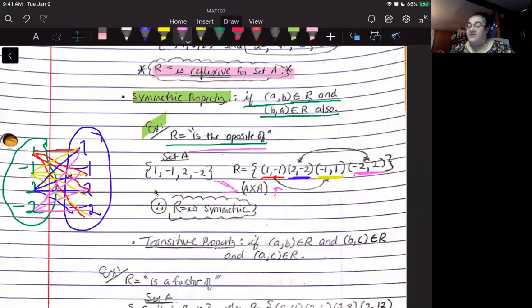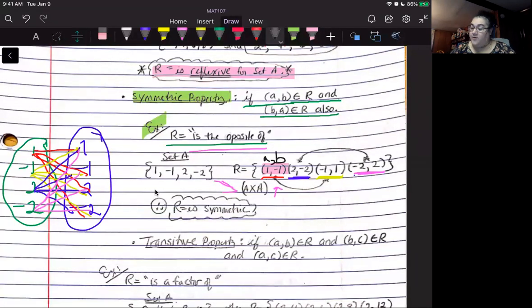Now, the definition is, is it symmetric? And that means, do we have the element AB also in the relationship as the element BA? Well, let's see, okay? And I'm going to use a highlighter for that. Here we have 1, -1. In this case, we could name this A and this B. Do I have another place where I have these same elements but switched?